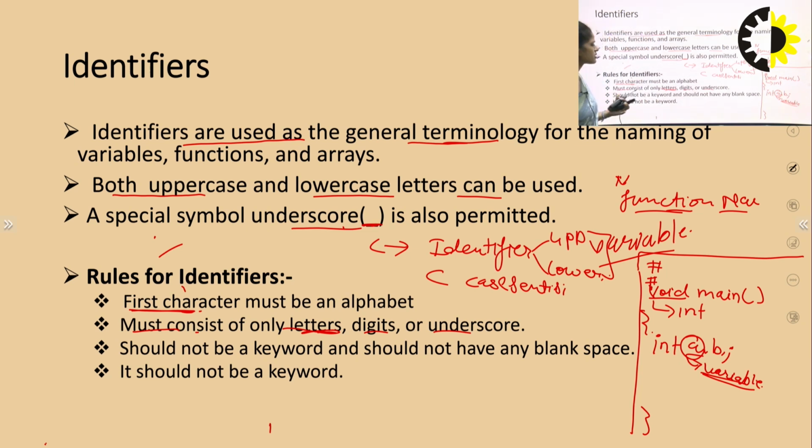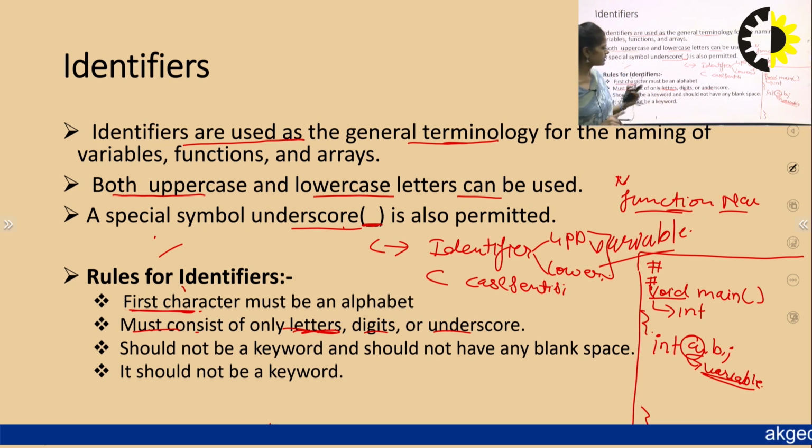This tells us that whenever we declare an identifier, we use letters, and the first condition is that an identifier always starts with an alphabet.